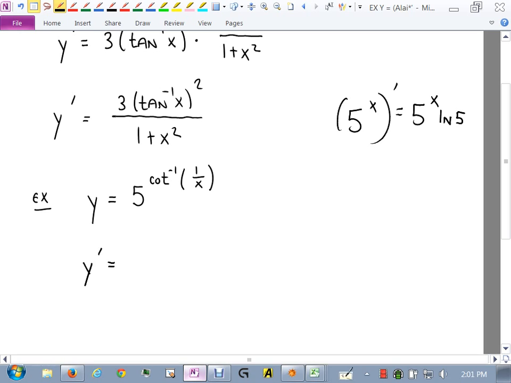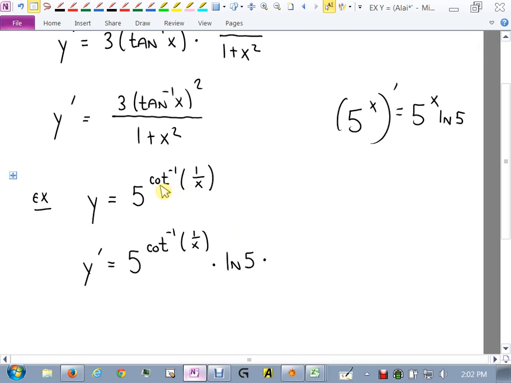Remember that? The derivative of a to the x is a to the x natural log a. So the derivative of 5 to this junk is 5 to the junk again times natural log 5. Am I done? No, now I need to go look at the junk.